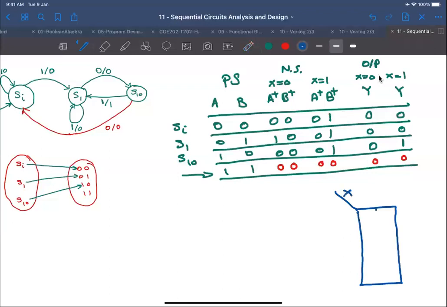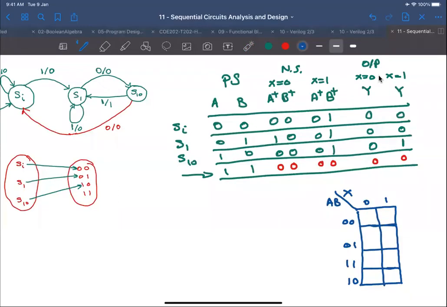My X can be either a 0 or a 1, right? And my AB can be 0 0, 0 1, 1 1, and then 1 0. Okay, let's do the output first.